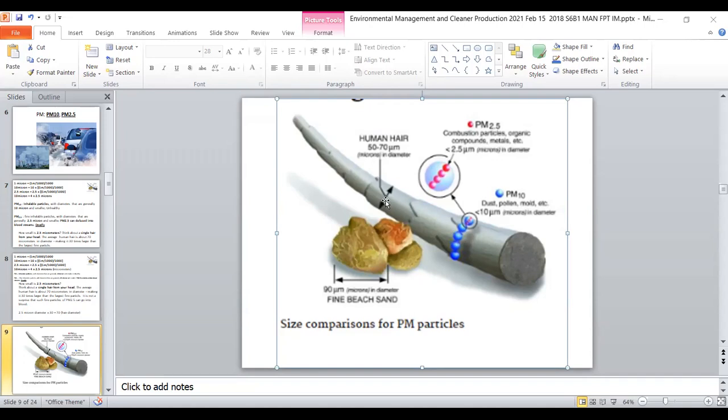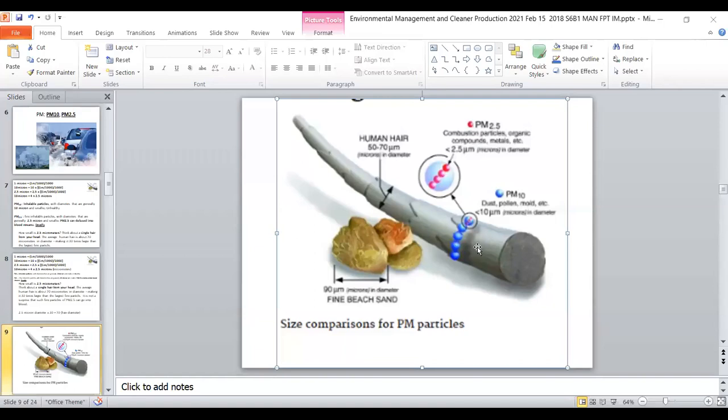We use the word hair for tiny things. So 1/5 to 1/7 or 1/10 of this is PM10, let's say.